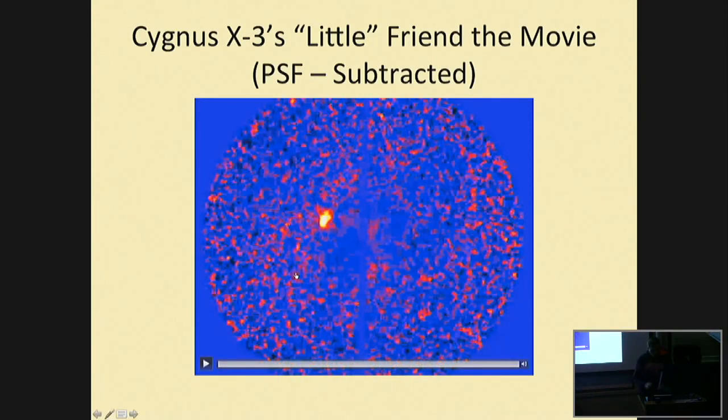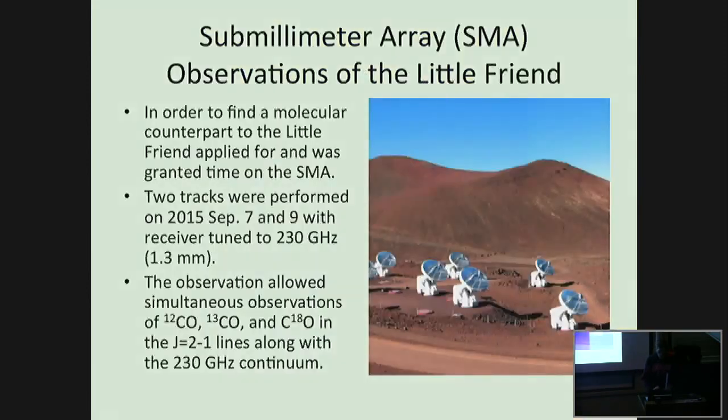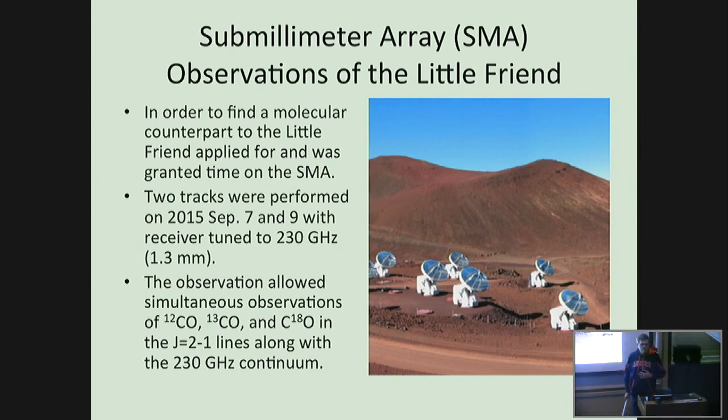Now, we would like to confirm this. This is actually part of what we did in terms of proposing. We went to our friends over at the SMA, across the street, and said, hey, let's see if we can find this. And believe it or not, I managed to convince someone to do that. So we put in an SMA proposal. We were granted one track. The reason we got 2 tracks is we had bad weather.